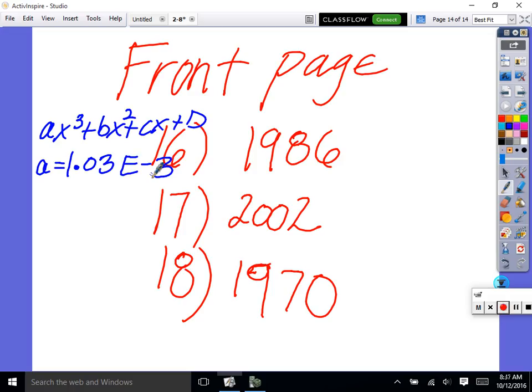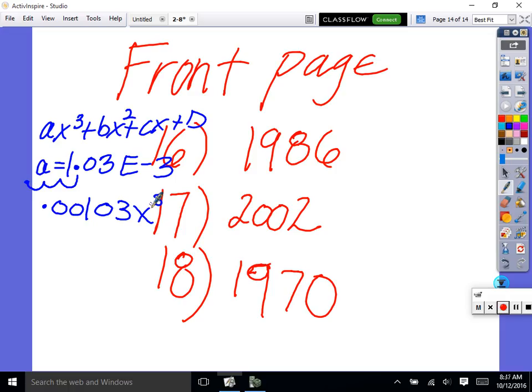You can't write e to the negative 3, guys. That's just scientific notation. Remember, you have to move your decimal back 1, 2, 3 places. So we would write it as 0.00103x cubed. Does that make sense? You can't put the e part into your answer. We're all good with that? You're going to see that, so make sure you remember that.